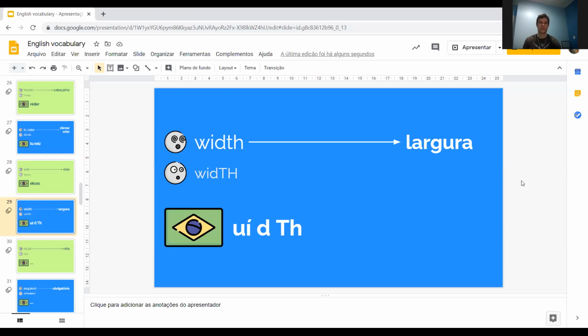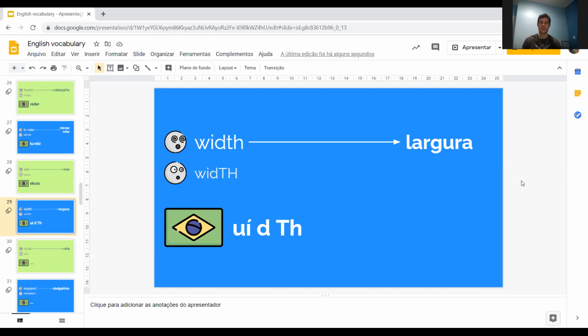Okay, this is one we're staying on. Width. Okay. Try it. Very hard. Okay, so what you're doing is you're saying with, and then you're doing a vowel sound like it is on the TH, but don't make any vowel sound.